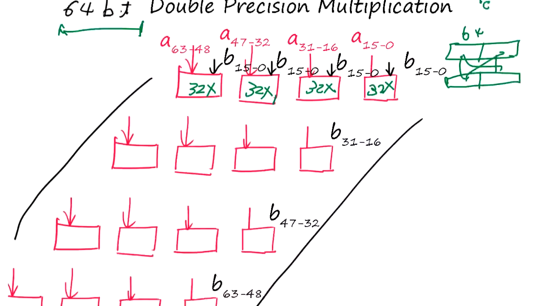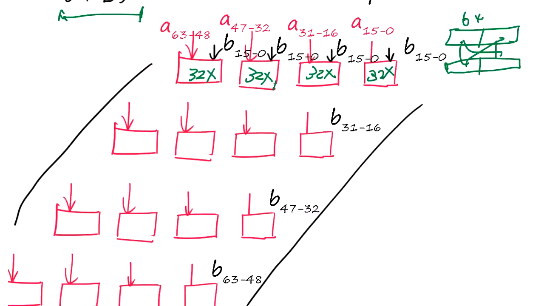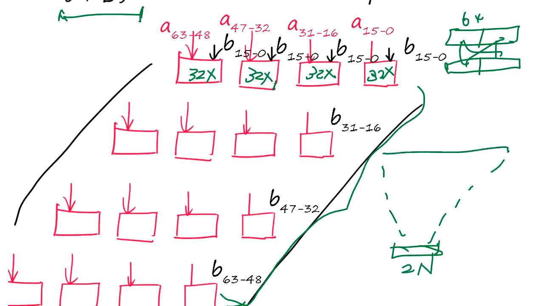So a 64-bit Wallace Tree is going to be huge hardware. It's just the same hardware repeated so many times. The end result is 2n, and the beginning is n squared.